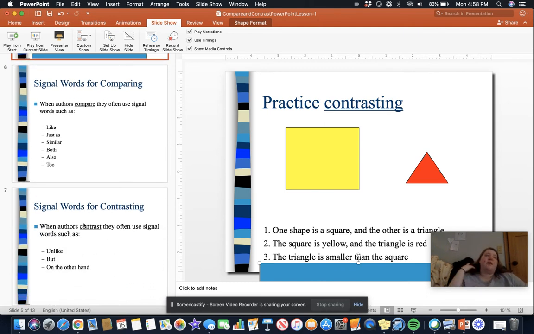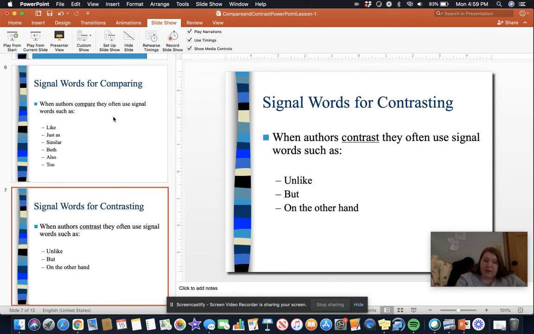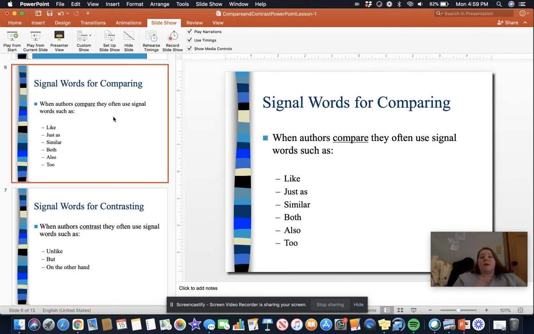So, just like anything else, we have keywords that can help us figure out when we are comparing objects and when we are contrasting objects. When we are comparing things, we can use words such as like, just as, similar, both, also, and too.